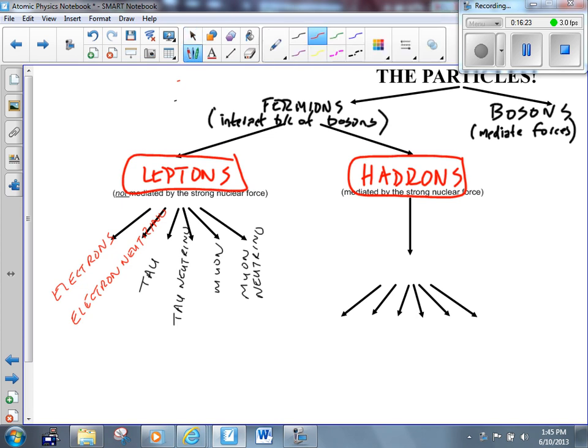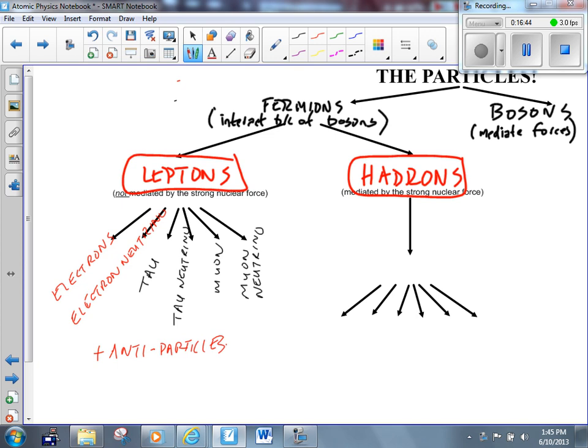In addition to these 3 types of leptons and their neutrinos, we also have the antiparticles. The antiparticle of an electron is a positron.